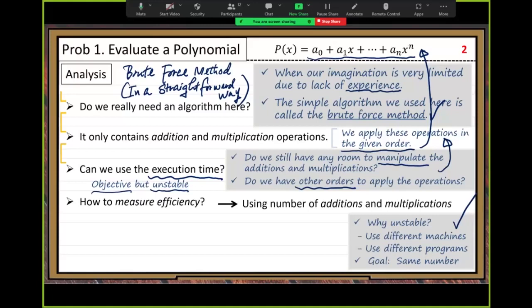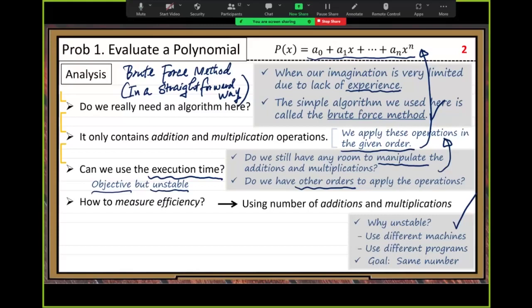You use the same number of additions, same number of multiplications. For different programmers, although their implementations could be different, if we talk about the same algorithm, the number of additions and number of multiplications are the same. So that's the stable measure.